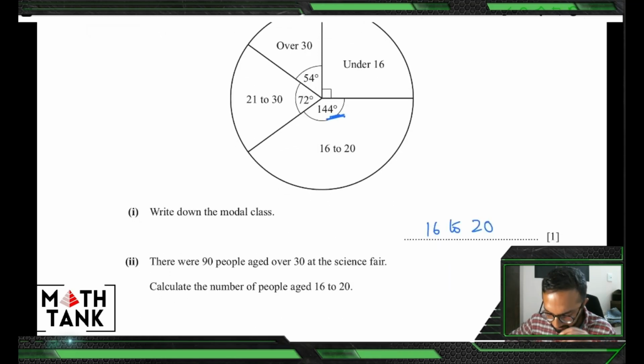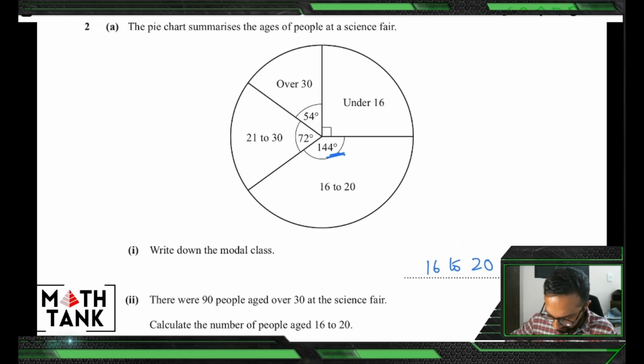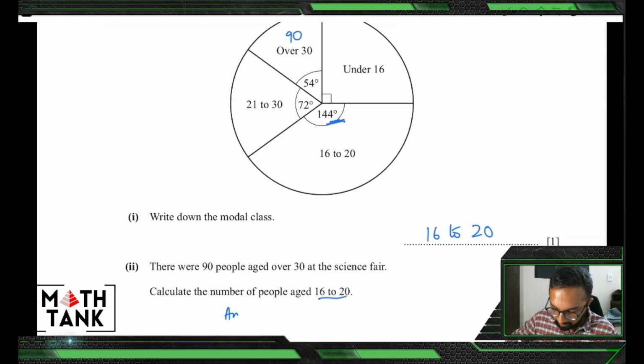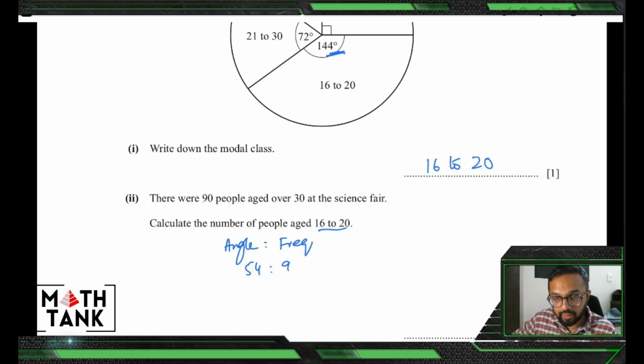And it says there were 90 people aged over 30. Okay, so that frequency is 90. Calculate the number of people aged 16 to 20. Okay, so I can just make my ratios, angle to frequency. I can say that an angle of 54 corresponds to 90, and an angle of 144 should correspond to what?